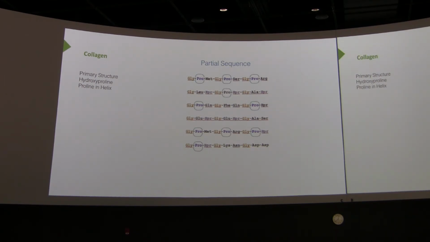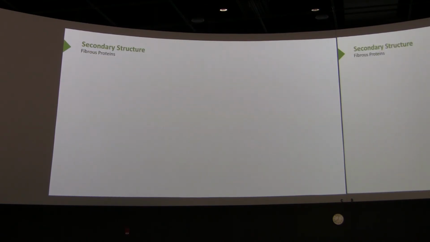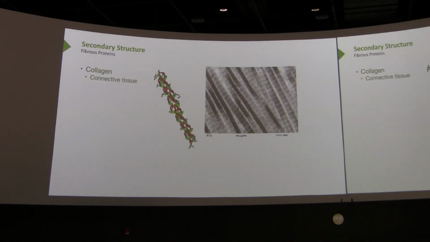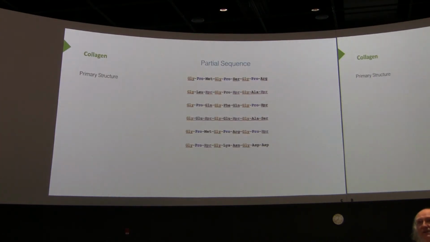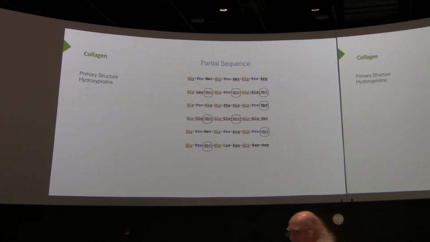Okay. There's those prolines. By the way, I should say something about those hydroxyprolines. Those hydroxyprolines are there for a reason. It turns out that the addition of those prolines helps to stabilize the protein thermally. What does that mean, thermal stability?